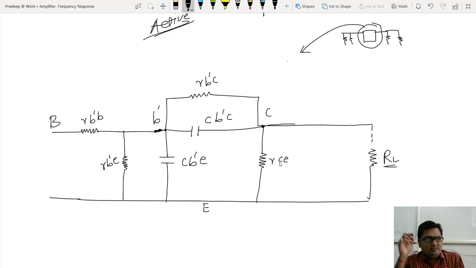Now, I didn't show any current, input current or output current. But let me tell you that one voltage is there in this part. What is that voltage? It is the voltage between the virtual base and the emitter, Vb'e. Vb'e is the input voltage.